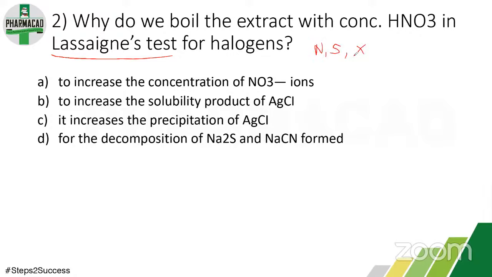Okay, and in this test, what we do, we take one fusion tube. In that, we add sodium metal and a compound. So what will happen at the end? We will get the sodium sulfide as well as the sodium cyanide.